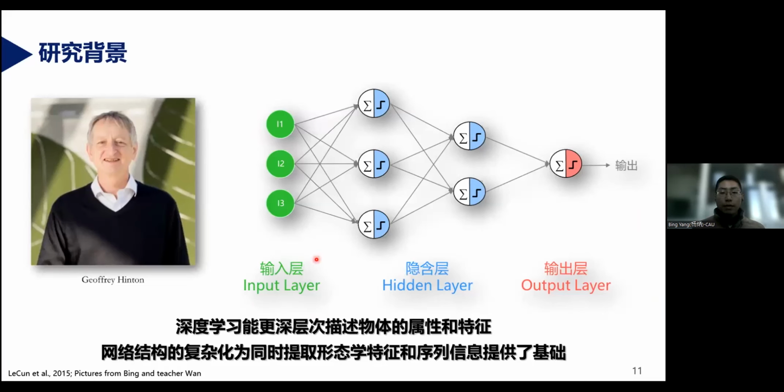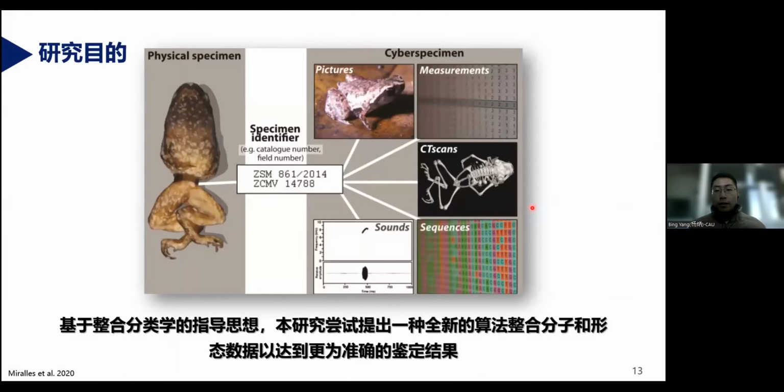Geoffrey Hinton, a Turing Award winner, proposed the concept of deep learning, a branch of machine learning that includes multiple hidden layers and describes the attributes and characteristics of objects at a deeper level, including an input layer, hidden layer, and output layer. The complexity of the network structure provides the basis for extracting morphological and sequence features simultaneously.